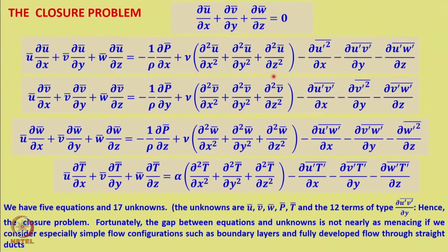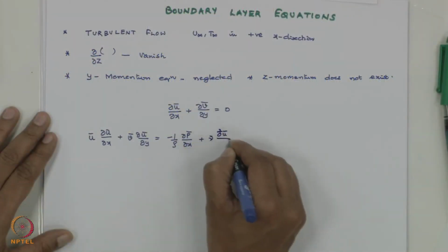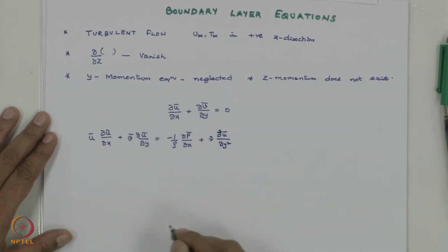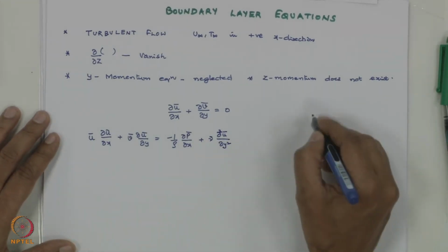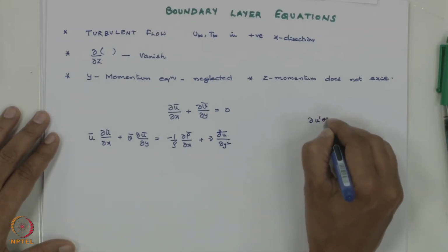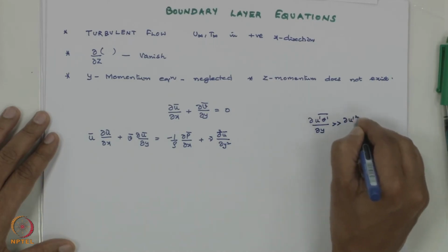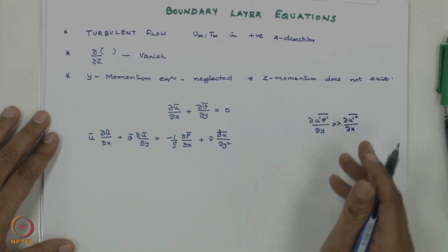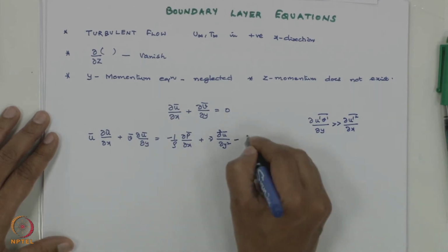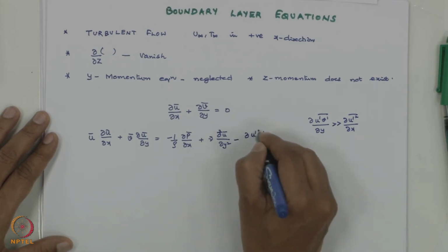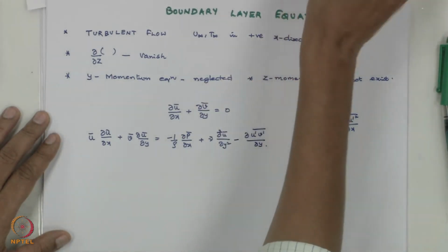So you get only nu del squared u bar by del y squared. This we have done in boundary layer equations. Similarly, del u prime v prime bar by del y is greater than del u prime squared bar by del x, and the del by del z term is not there. So I get only minus del of u prime v prime bar upon del y.